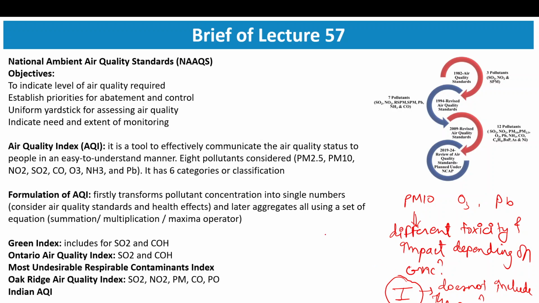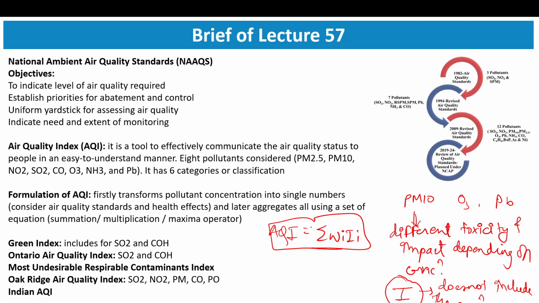So, the amount of pollutants present in air would be different at different times. So what you do, you take the weighted average of this I. So, W_i I_i. Okay, so for all the pollutants, you take the weighted average of this I, which will give you a number which is nothing but AQI.